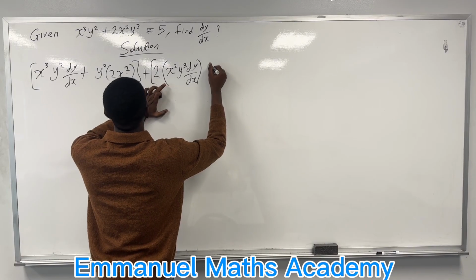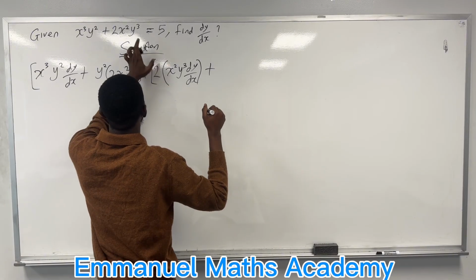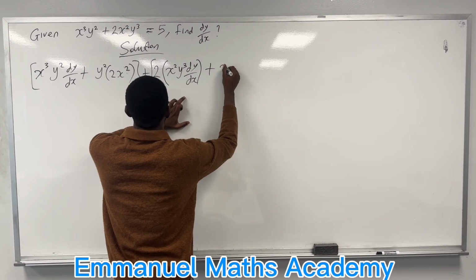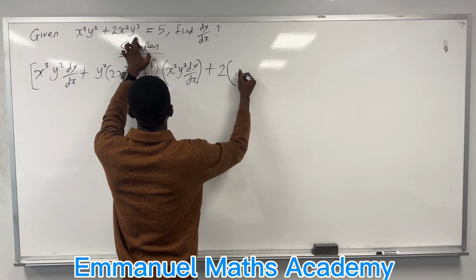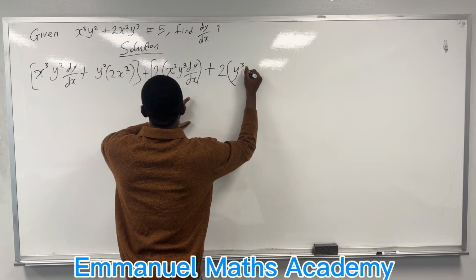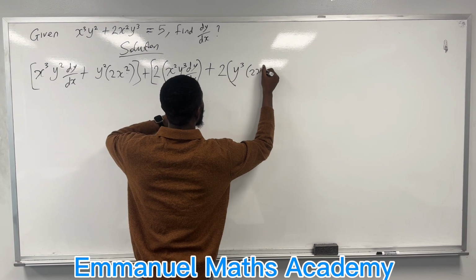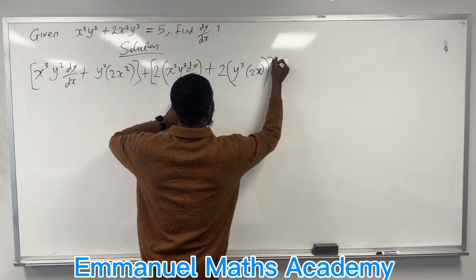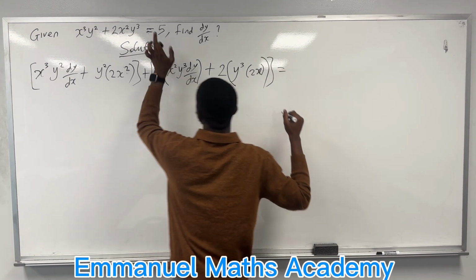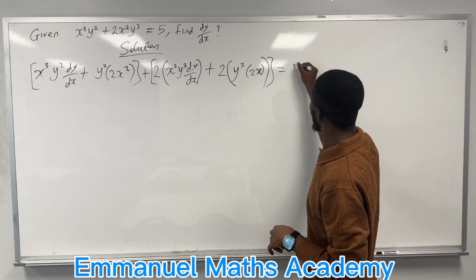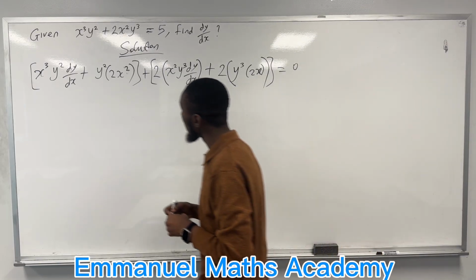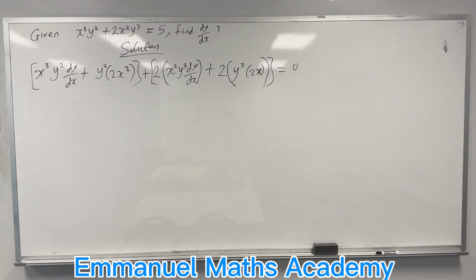Plus keep this, differentiate this. So you will keep this, differentiate this, you have 2x equal to, if you differentiate this, you have 0. This is a constant, right? We'll simplify further.